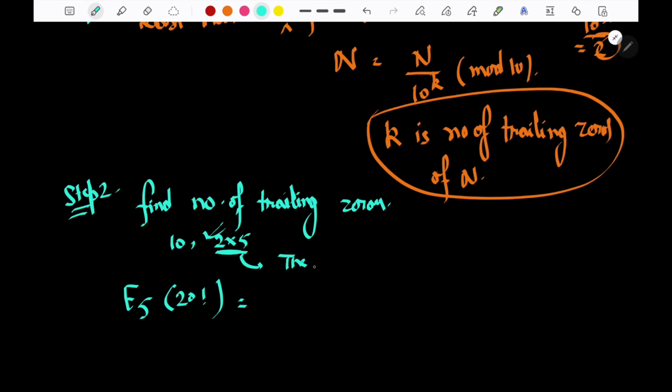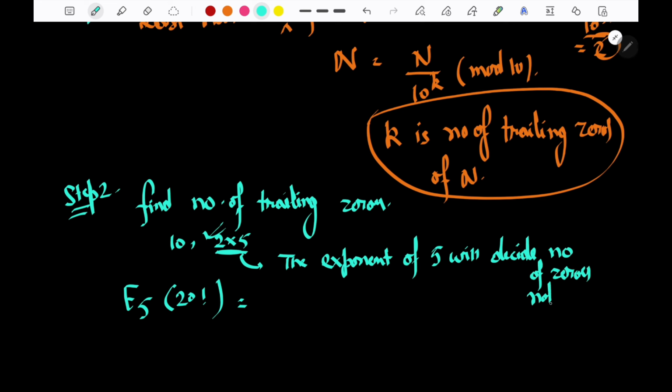The exponent of 5 will decide the number of zeros, not 2 here. Why? Say 2 is to the power 10 and 5 is to the power 2, so how many tens can be made? 2 to the power 8 into 5 into 2 to the power 2. That is the way. So 2 to the power 8 into 10 squared. So only 2 zeros can be made.